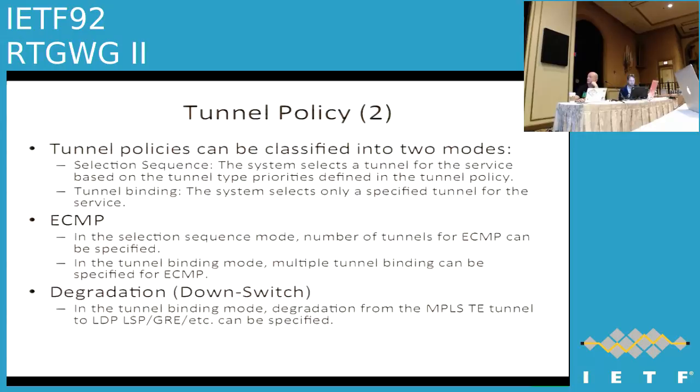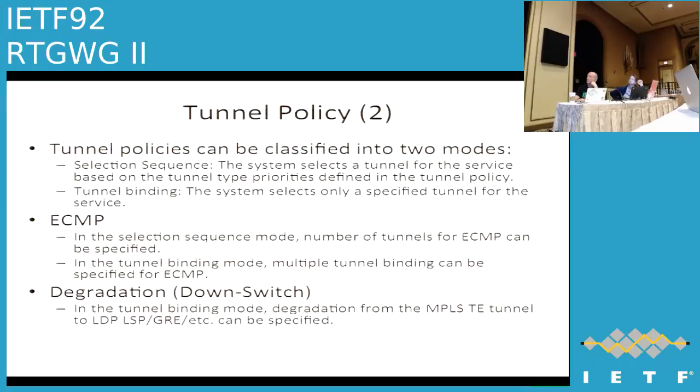The next one is the degradation. Some tunnel has a higher priority to be selected in the tunnel binding mode, because this tunnel is specified. But once there is a failure on the tunnel, and if there's no alternative, the tunnel cannot be used for the service, so the packets will always be dropped.